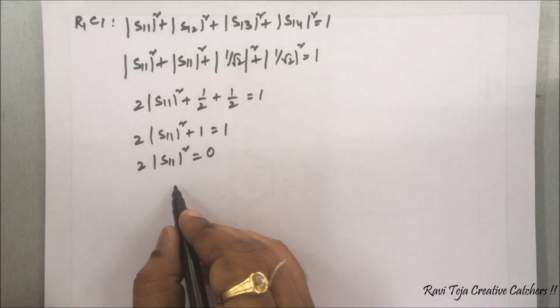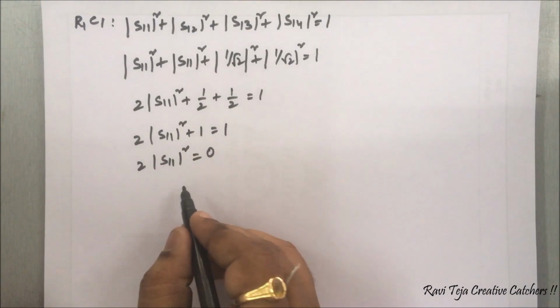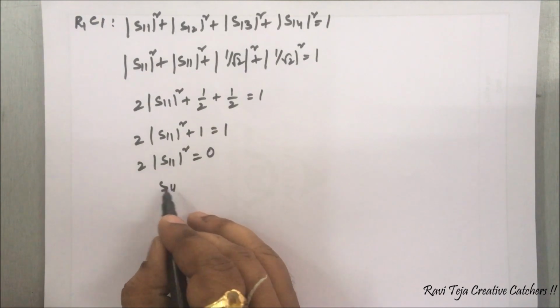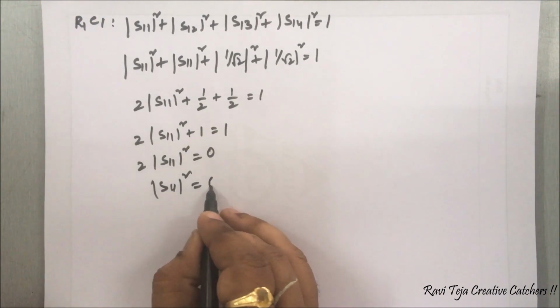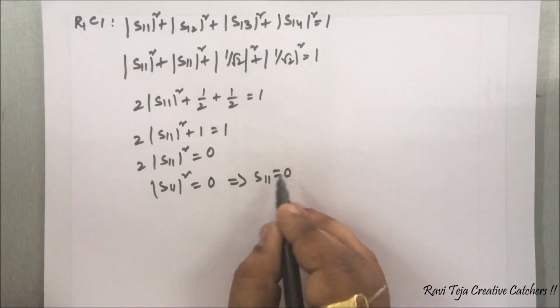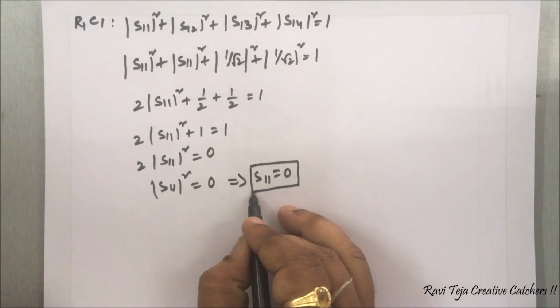So 2 S11 square, if you take these to the other side, modulus of S11 square is equal to 0. That means S11 becomes 0.